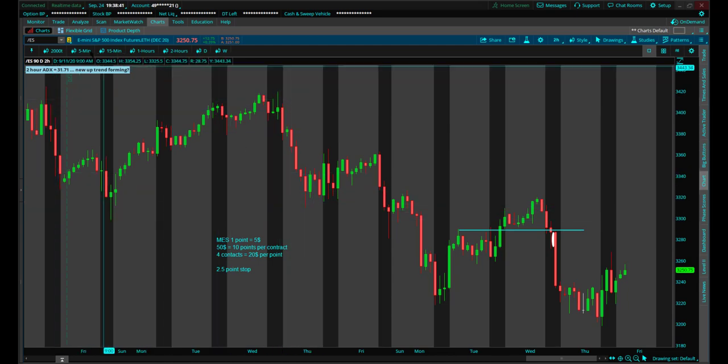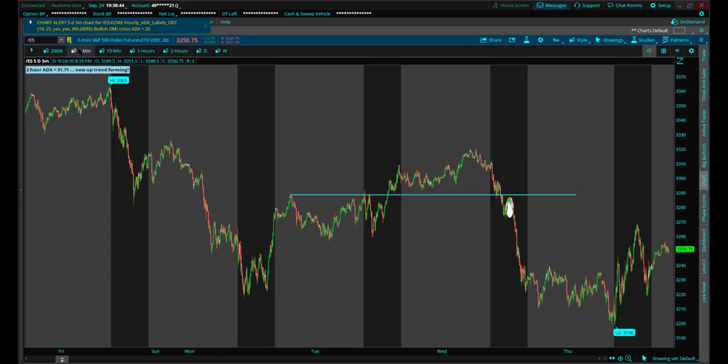So if I leave and I go back down to the 5-minute, I'm still looking at the 2-hour ADX. That's really helpful. That way I don't have to keep going back and looking. It doesn't hurt, but still. So this would help you confirm that the strength of the trend is there.